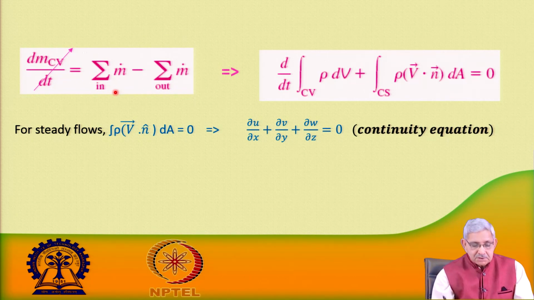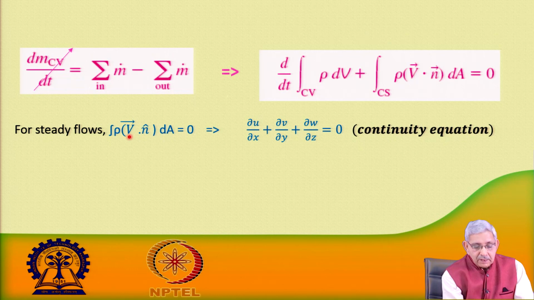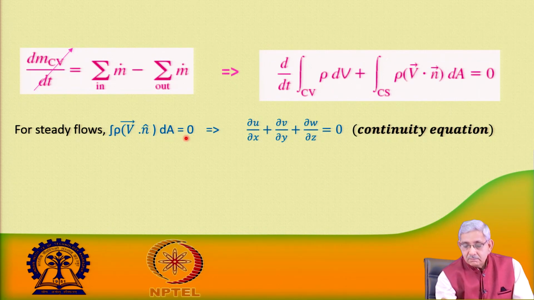This can be expressed as rho V dot n dA, that is the velocity vector in the direction of n, and rho is the density of the fluid, and dA is the area of the control volume. So, this is equal to 0, and then this is the other component.